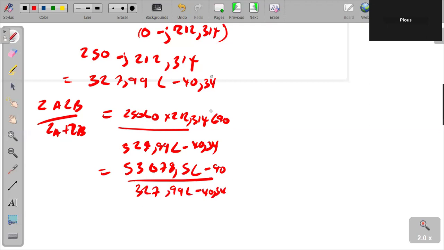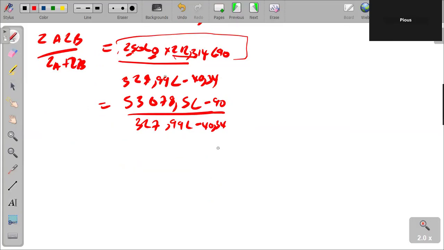I hope we understand that in multiplication, we multiply 250 times 212.314, and we add the angles, 0 plus negative 90. That's where we got that negative 90 and that 53,078.5.